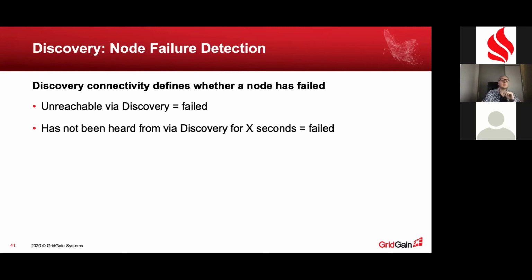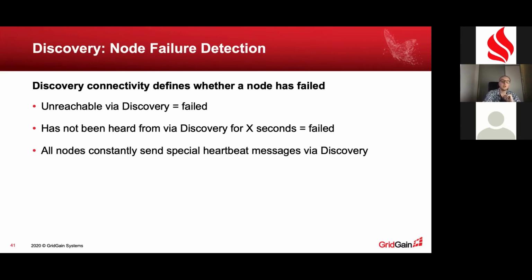If we have not heard from you via discovery for some time, you're a failed node. Note that not hearing via communication does not mean that the node has failed, because it might just be idle. But discovery needs to always be operational.